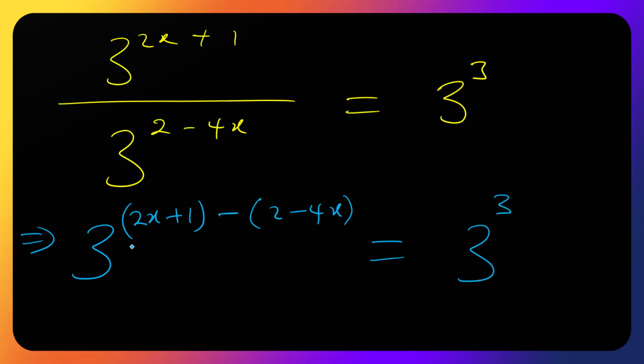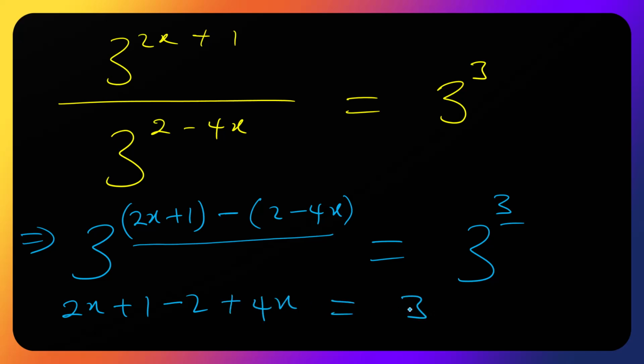So we have this equals to this 3. So we have 2x plus 1. Now let's expand this. Minus 2 plus 4x equals 3. So let's group like terms. 4x, 2x, that will be 6x.